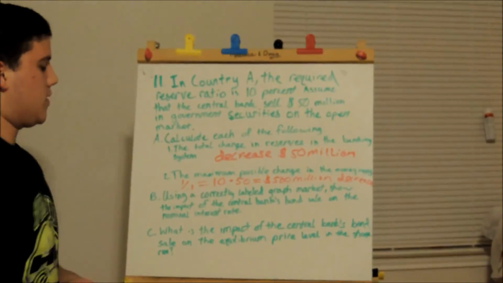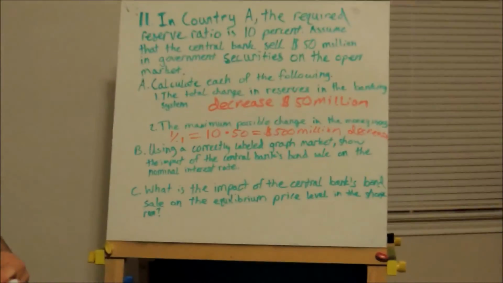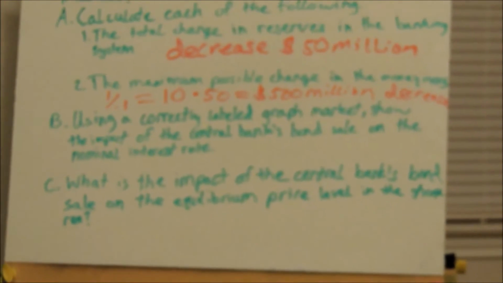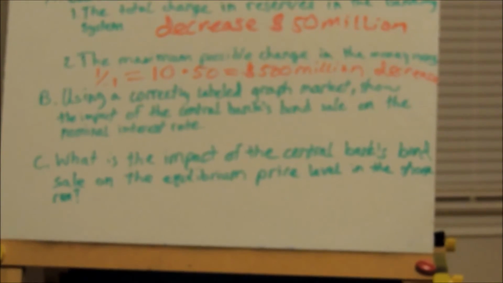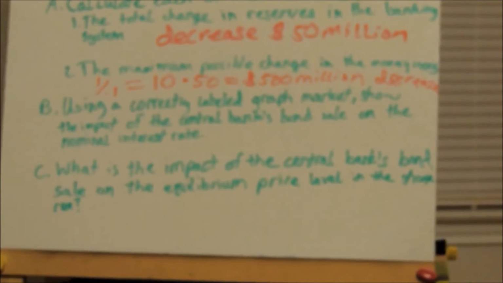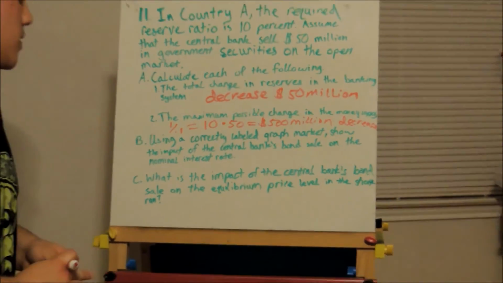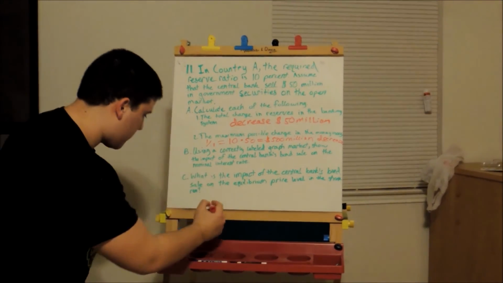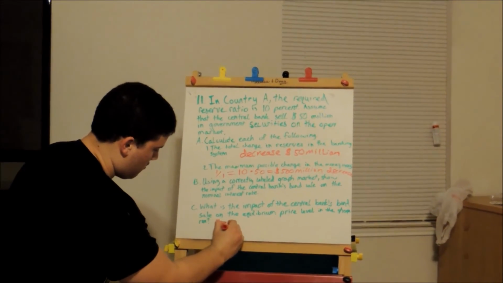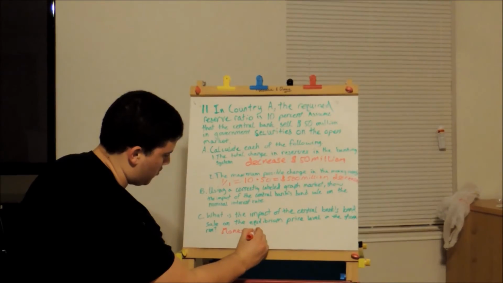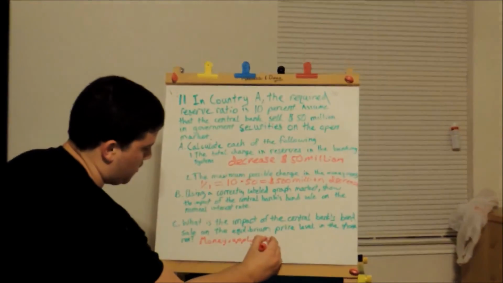Now let's take a look at part C. What is the impact of the central bank's bond sale on the equilibrium price level in the short run? Well, since the money supply is decreasing, then the interest rate is going to go up. So let's write that down. Money supply is decreasing.